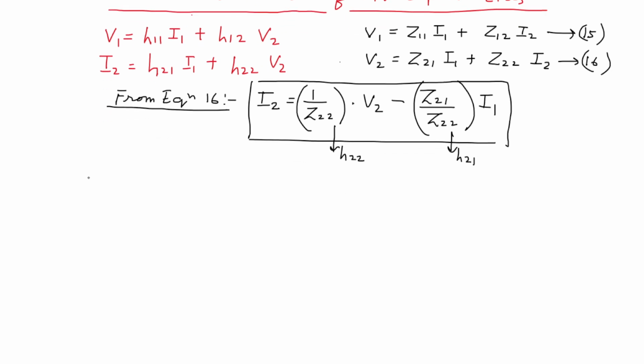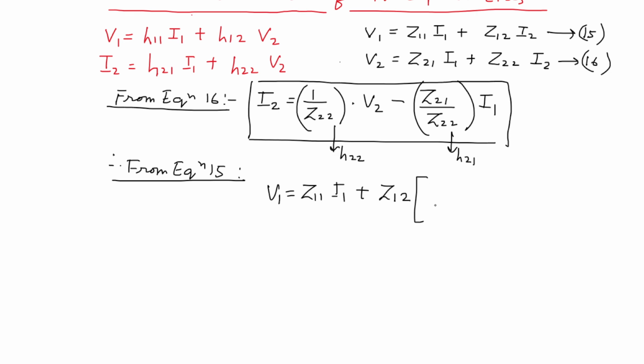So from equation 15 we get V1 is equal to Z11 I1 plus Z12 into, now what is I2? I2 is 1 by Z22 V2 minus Z21 by Z22 I1.